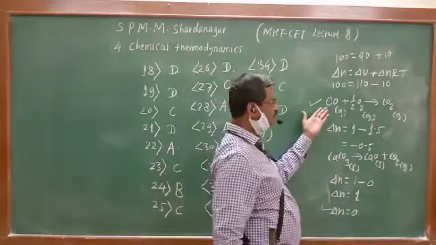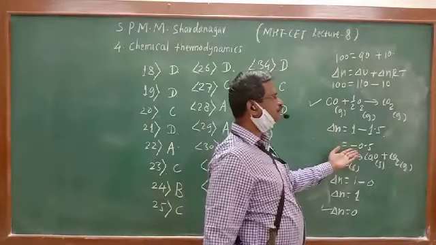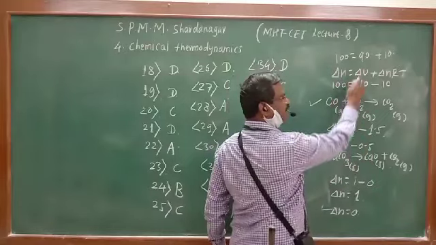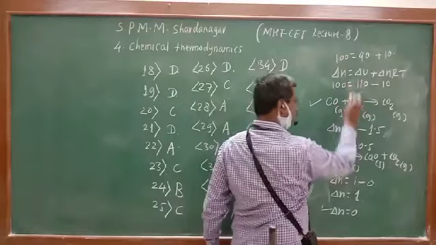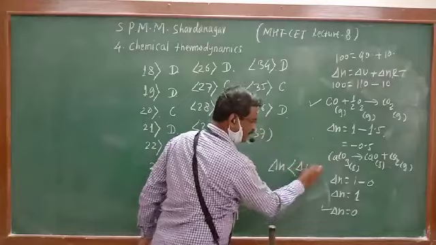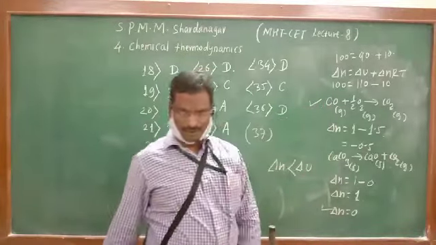We have studied that for this reaction delta N comes to be negative, therefore delta H is 100 and delta U is 110, which means delta H is less than delta U for this reaction.